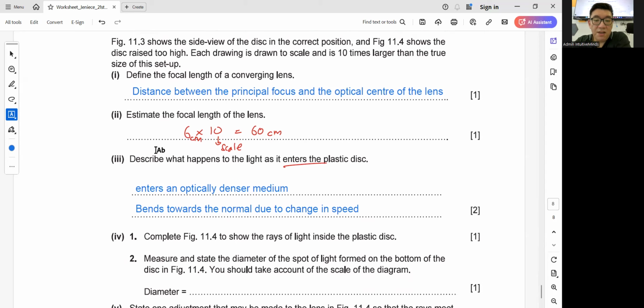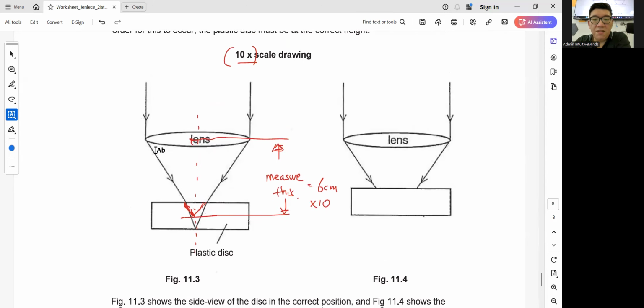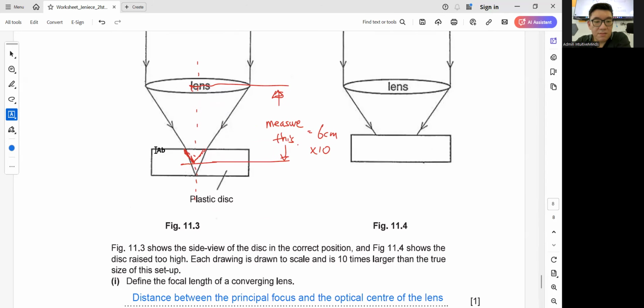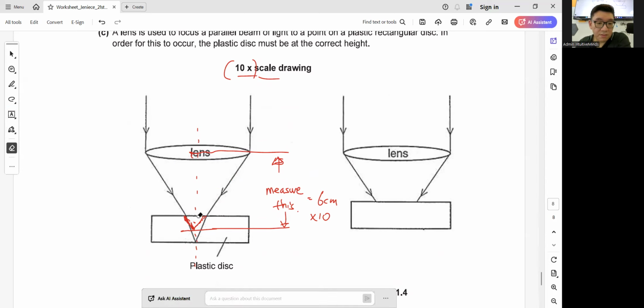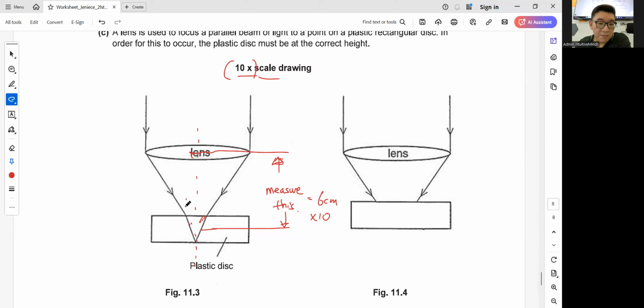Complete to show the rays of light inside the plastic disc. You have to find the angle first. Okay, so this is a scale drawing, so there's a bit of work to do here. First thing you want to do is to find this angle.